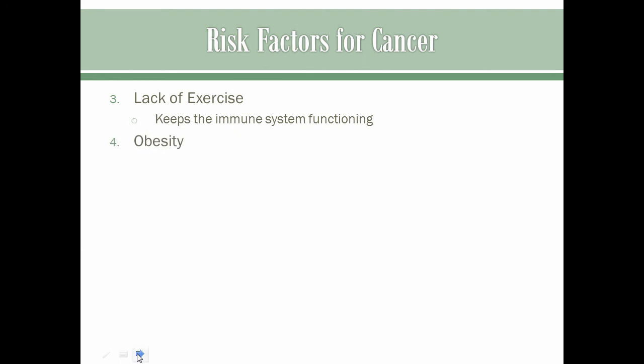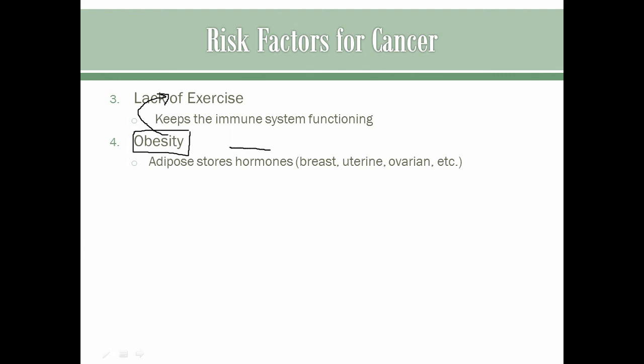Fourth, obesity. Obesity is kind of a double-edged sword because typically people that are obese have a lack of exercise and also a high-fat, low-fiber diet. So obesity is a risk factor just because it involves some of the other things we've already talked about. But another reason why obesity is a problem is that fat tissue, or adipose tissue, stores hormones.